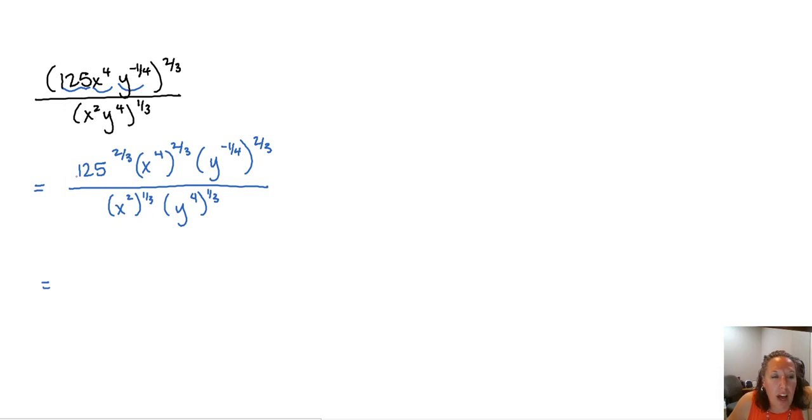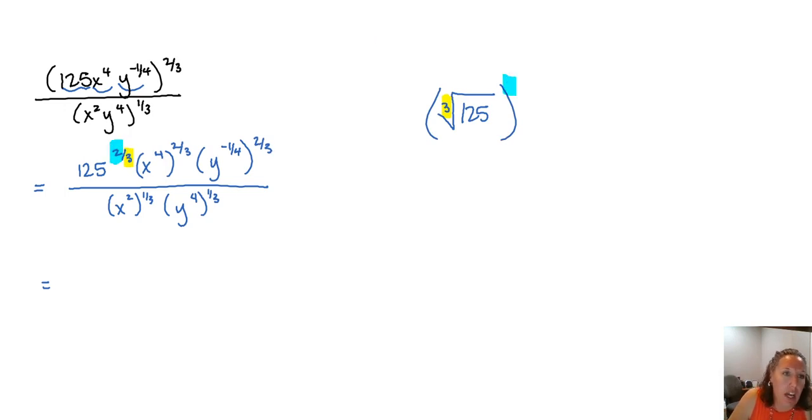All right, if we simplify 125 to the 2/3, we can rewrite that. Anytime we have a rational exponent, we can write that as a radical. Whatever number is on the bottom of our exponent is telling us what the index is on our root, and then whatever is on the top is giving us the power that we're raising this to.